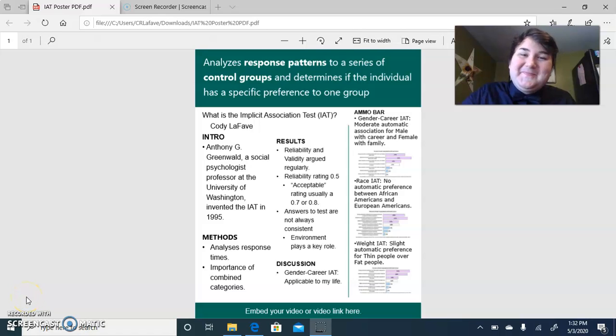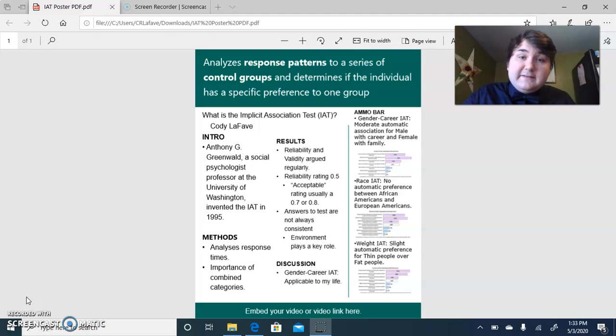Good afternoon. Today we are going to answer the question, what is the Implicit Association Test, or the IAT? To begin, the Implicit Association Test is a test that analyzes a test taker's response patterns to a series of control groups and, in turn, determines if that individual has a specific preference to one of those groups.